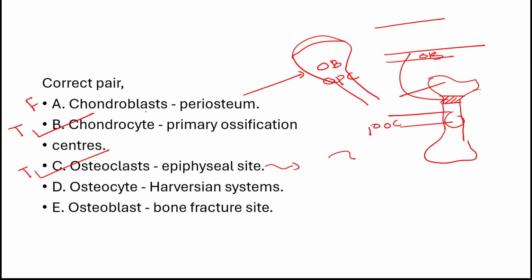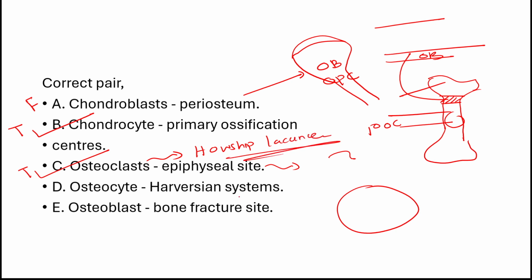Osteocytes are present in the Haversian system. Yes, the interstitial lamellae. One thing that I have to say, osteoclasts are found in certain lacunae which are given the name Howship's lacunae. So these are found in lacunae. These lacunae are kept more or less in an acidic manner by the activity of osteoclasts.